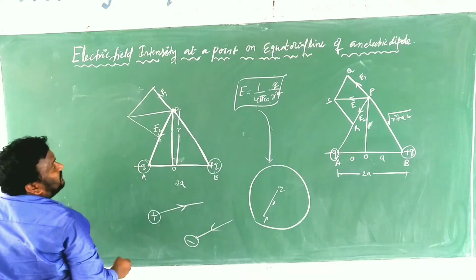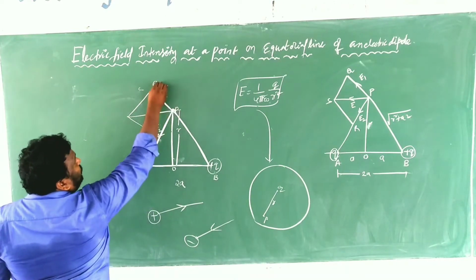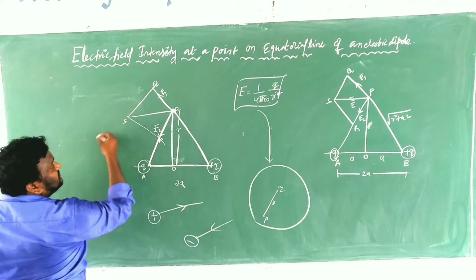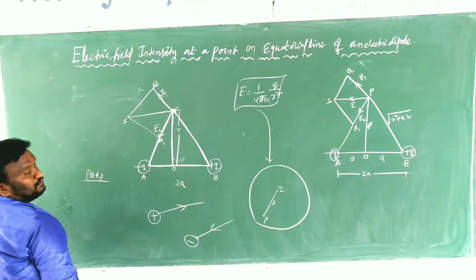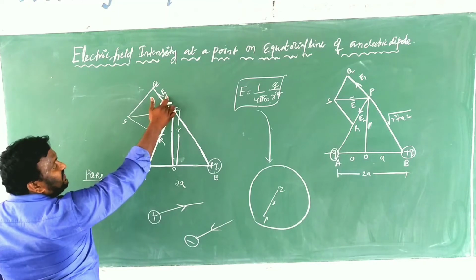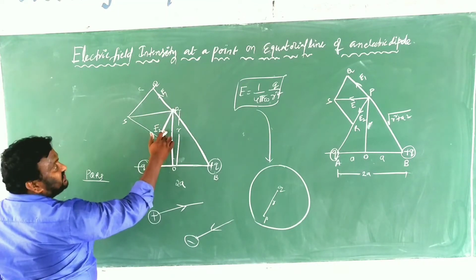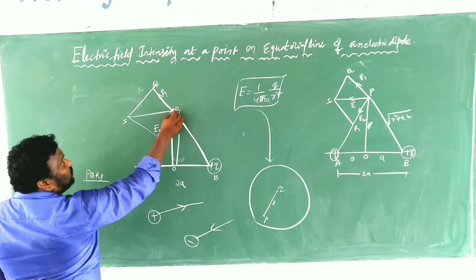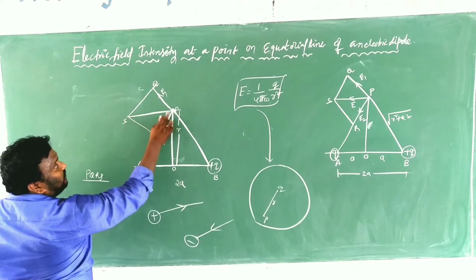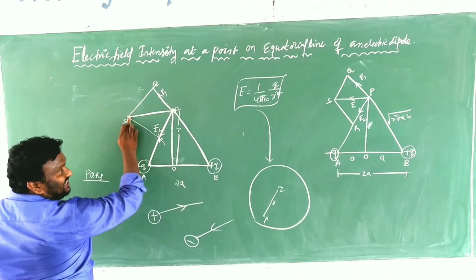Here P, Q, R, S. Now PQRS is a parallelogram. Here E1 is one side and E2 is the other side. These two are taken as the adjacent sides. Then the diagonal is what? Here PS is the diagonal.